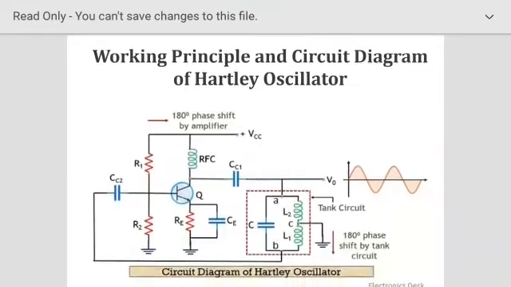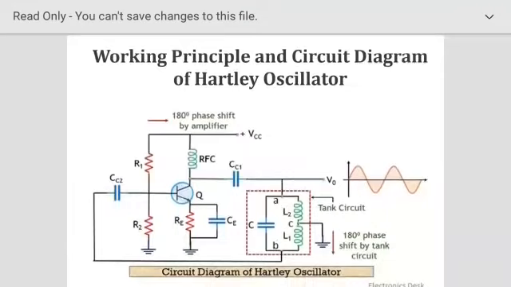This is the circuit diagram of a Hartley oscillator. In the circuit diagram, there are two parts. First part, the common emitter configuration circuit part. Another part is the tank circuit part. In the common emitter circuit configuration part, we get a 180 degree phase shift, and its output goes to the tank circuit input.